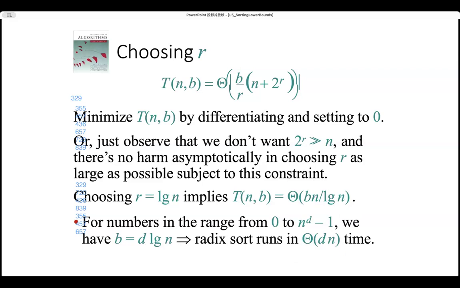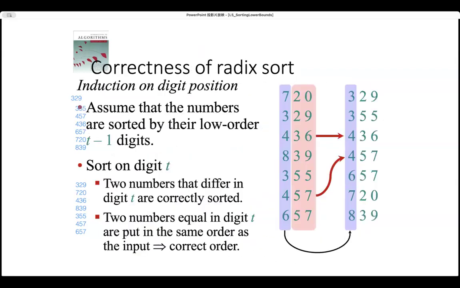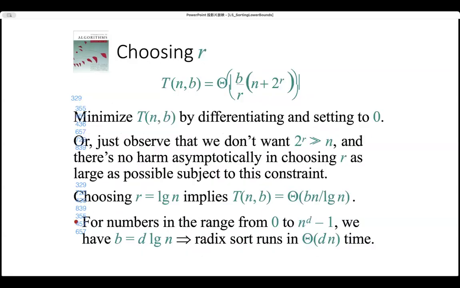So it's linear because d is usually small. For example, in this case d represents 3 digits, so you have 3 passes of counting sort, and each one of them is linear. So the total analysis result is linear.